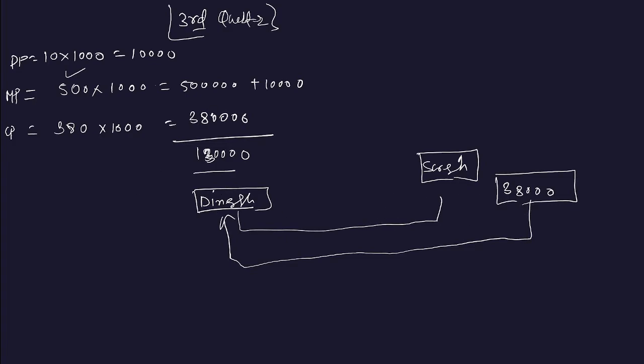But we cannot transfer this amount directly, so we always do the netting, right? 1,30,000 minus 38,000. So tell me, I think 92,000 would be the net, if I'm not wrong. Yes, sir. So 92,000 Dinesh will pay.